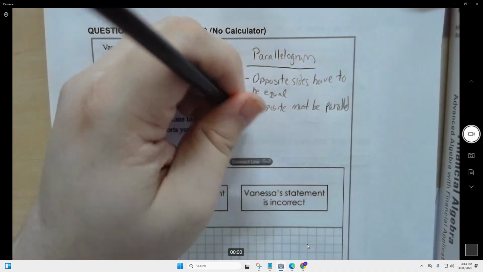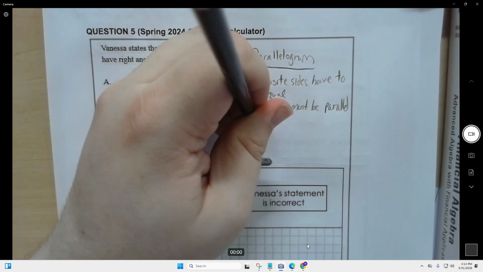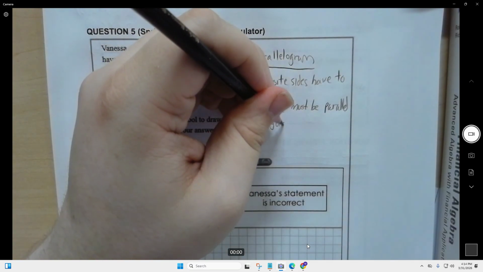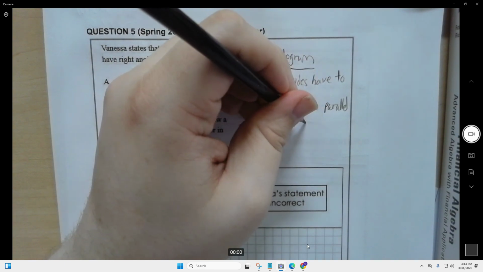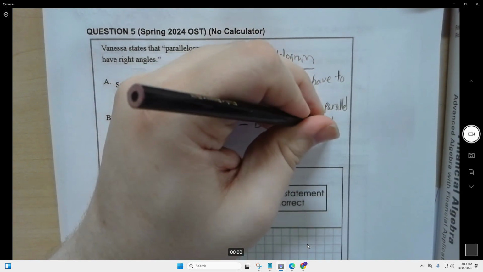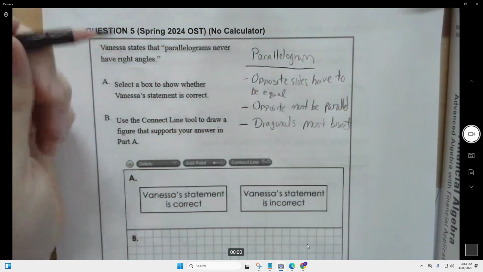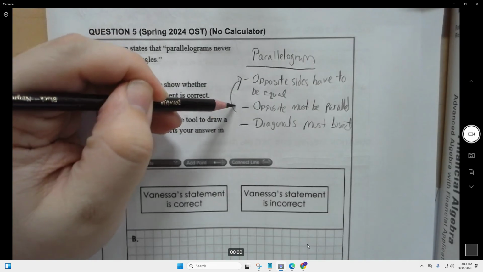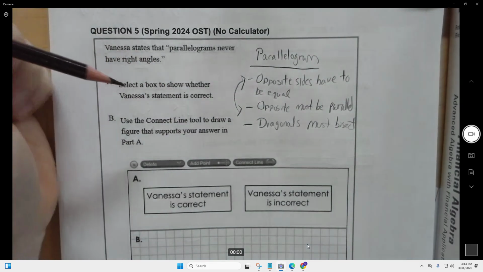And your diagonals have to bisect each other. Your diagonals have to cross in the middle. I can never remember how to spell diagonals. These two are the main rules. Opposite sides have to be equal. Opposite sides have to be parallel.